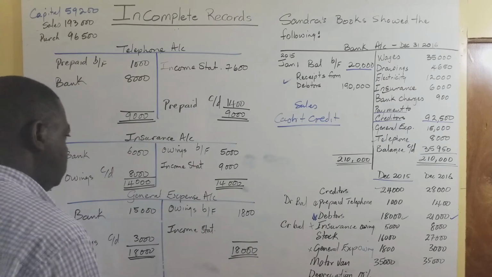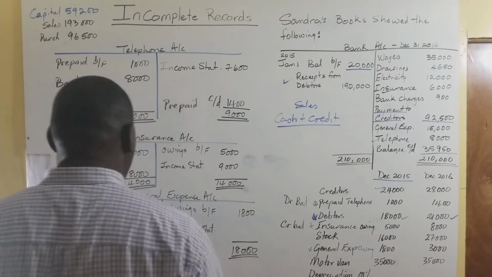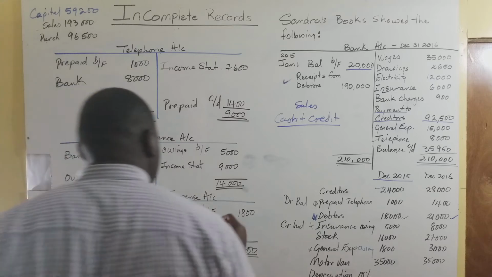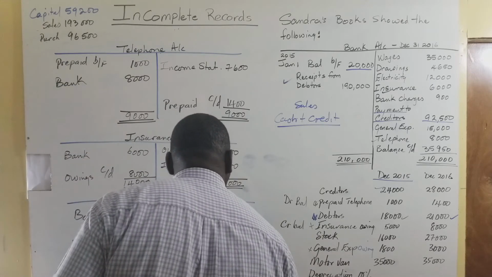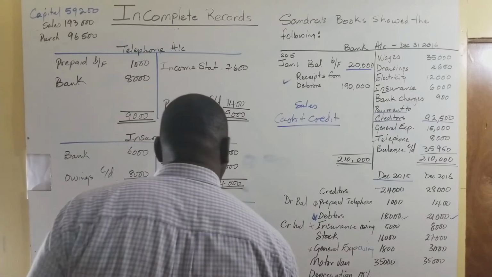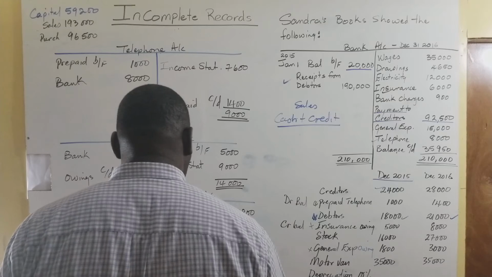So we're subtracting 1,800 from this. So it's going to give us 17, what is it now? 17,200?